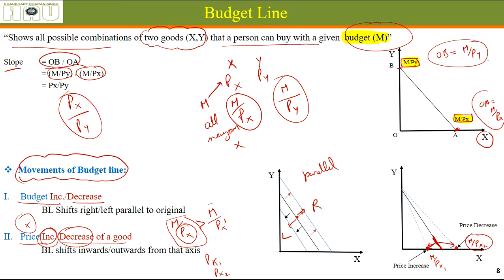So this is how the budget line is going to move. It sticks to the same anchor point, and if the price increases, the other point moves towards the left. If the price decreases, it moves towards the right.